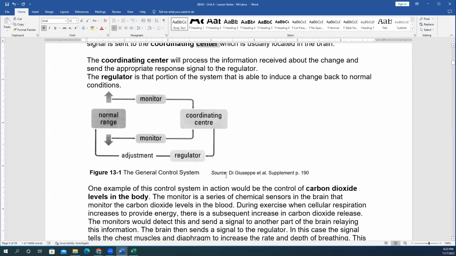So if you're going either above or below the normal range, the sensory systems will monitor this and send the signal to the coordinating center, which will interpret what the response should be and send the signal to the regulator, which will then make the proper adjustment and return the system back to the normal optimal range.